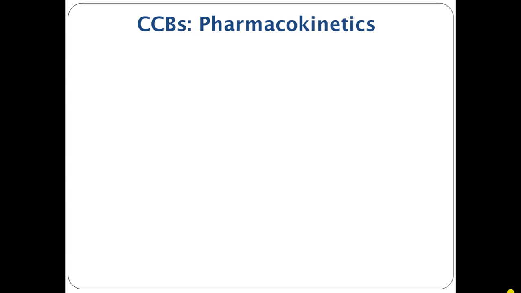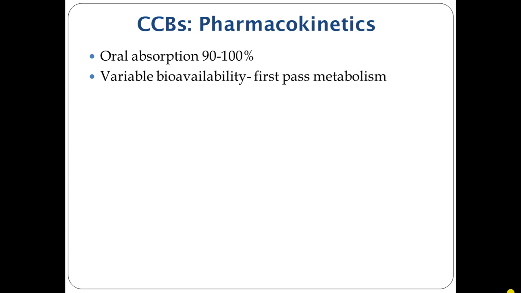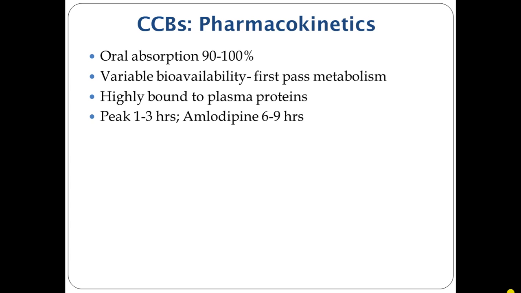Now we combinedly see the pharmacokinetics. All the calcium channel blockers can be given orally with oral absorption of 90 to 100%. They have variable bioavailability depending on the variation in first pass metabolism, but all of them are effective orally. They all are highly plasma protein bound.